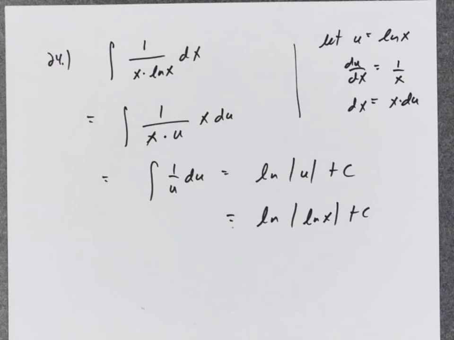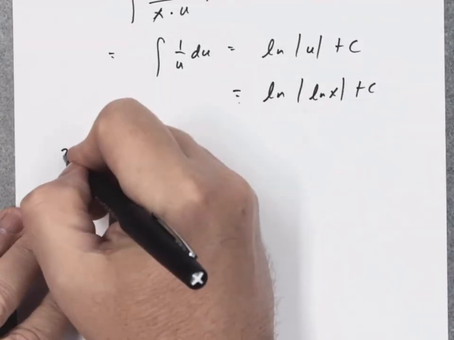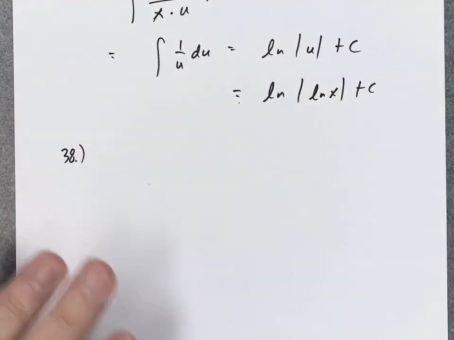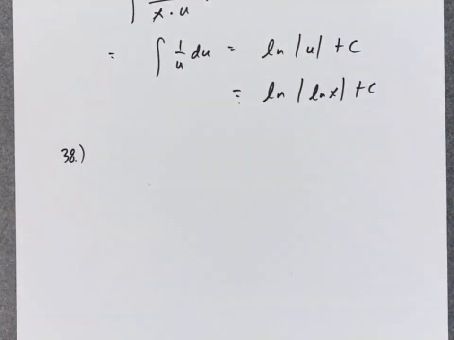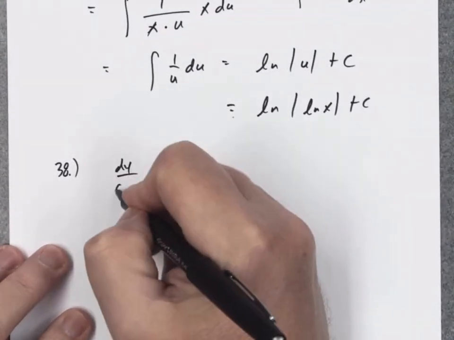Now let me do one more section. You're going to be assigned, I'm going to do problem 38. Let me read the instructions. 38 says, solve the given initial value problem for y equals f of x. So I think they're doing what we did a little bit ago. They give us a derivative.